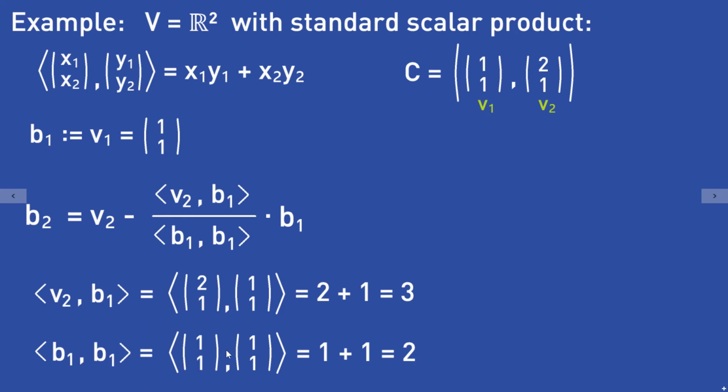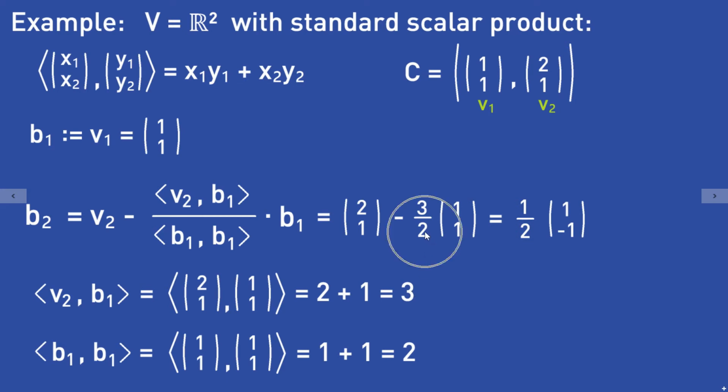Now we have to calculate the scalar product of b1 with b1. By using this calculation rule again, we get that this here is equal to 1 plus 1, which is equal to 2. Now we can plug everything into the formula here. So in the end we get that b2 is equal to (2, 1), which is v2, minus 3 divided by 2, so 3 is that here and 2 is that here, times b1, which is (1, 1).